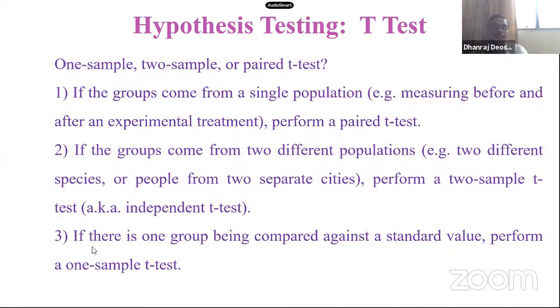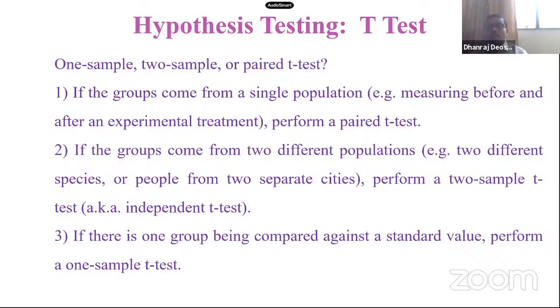Number three, if there is one group being compared against a standard value, perform a one sample test. Standard value means the population mean, or a hypothetical mean.